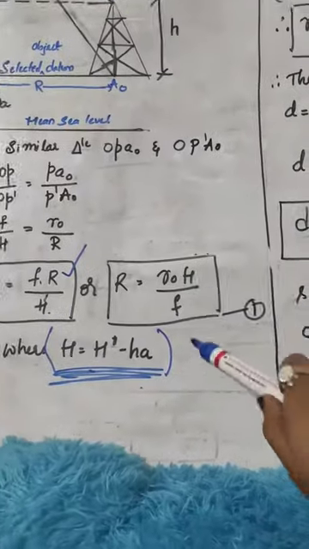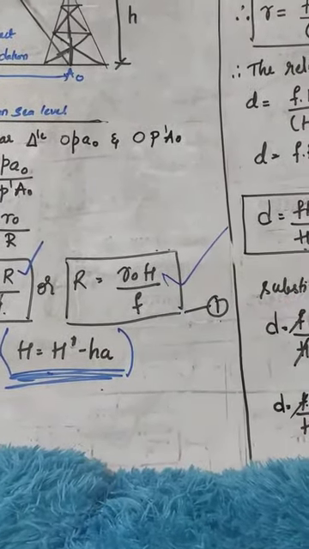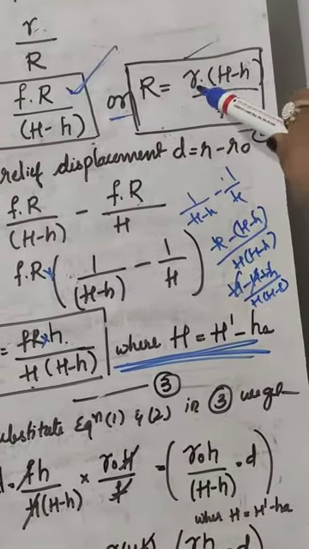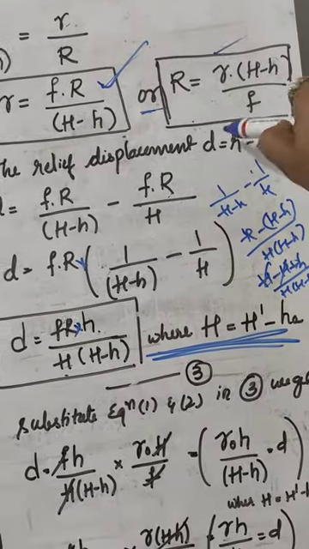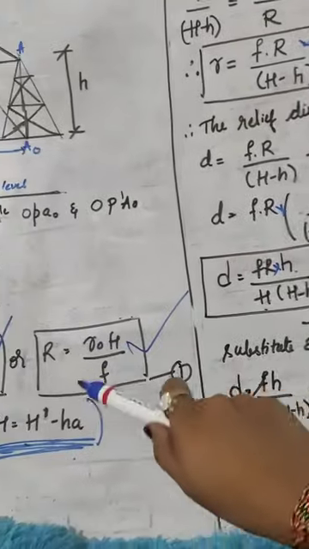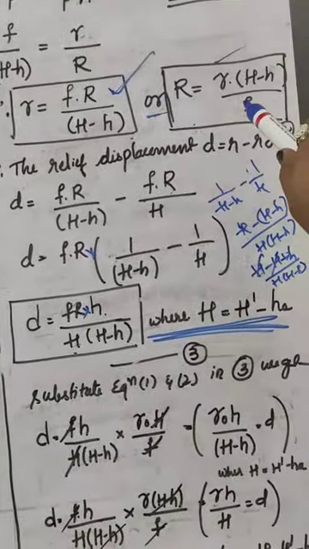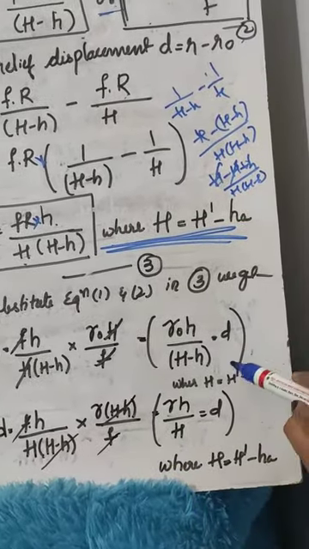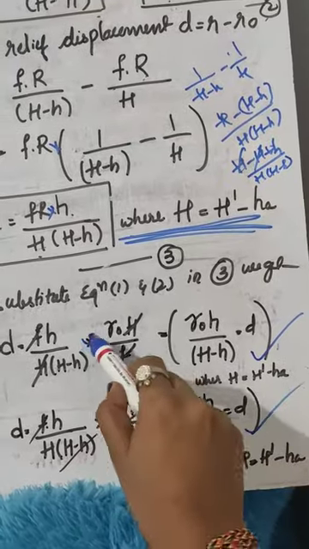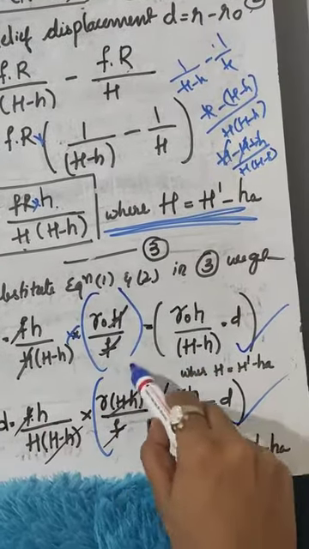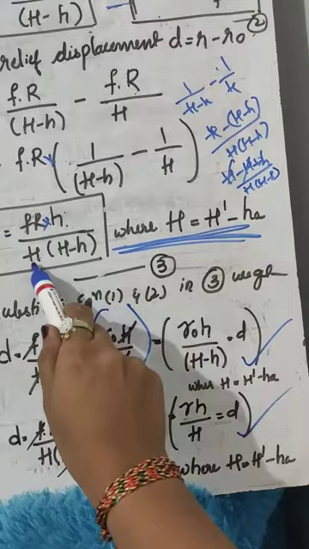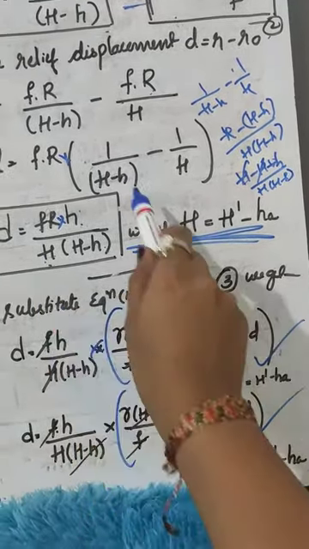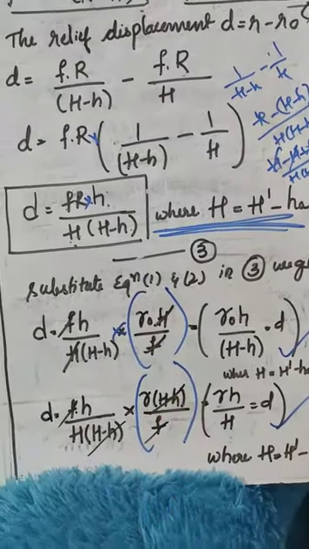Both equation 1, that is r is equal to R naught into h divided by f, and R is equal to r into (H minus h) divided by f, this is 2, right? Both equation 1 and equation 2 we are substituting in equation 3, and this is how we are going to get this value. This is the R value we have substituted here, that is f h divided by H into (H minus h). We have written this separately, r we have taken here, and separately we have written the R value.